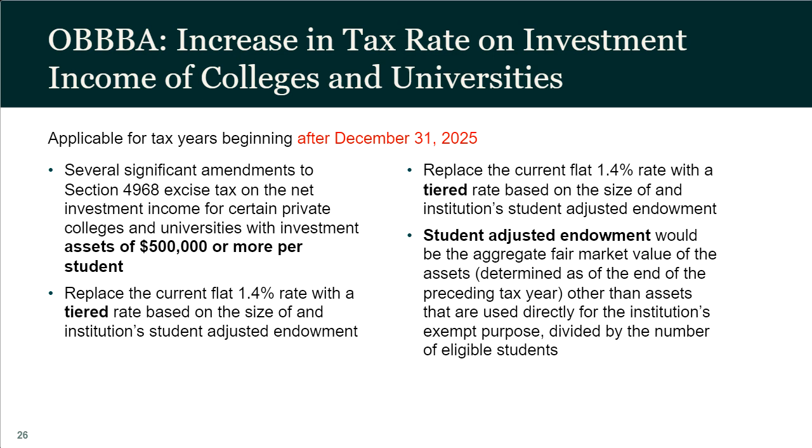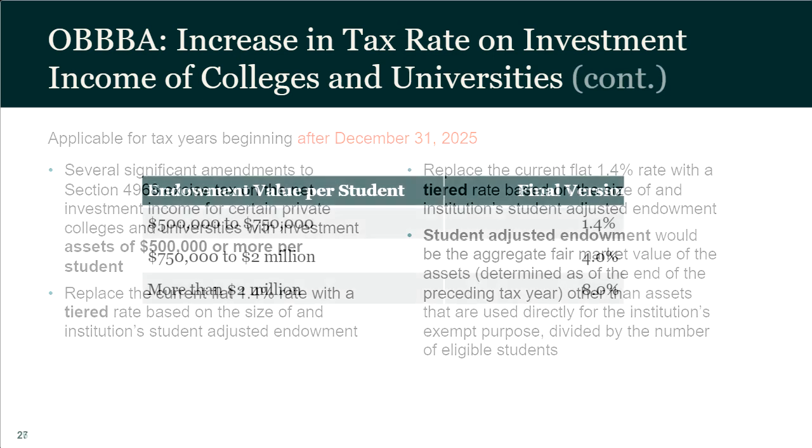So basically, they've expanded the definition of the student adjusted endowment slightly, making sure they're encompassing not just items within the university itself, because obviously they're trying to make sure that if you're controlling the assets, it's getting included in the number, and people are not just setting up multiple organizations to get around that. The flat rate tax of 1.4% is what has been indexed.